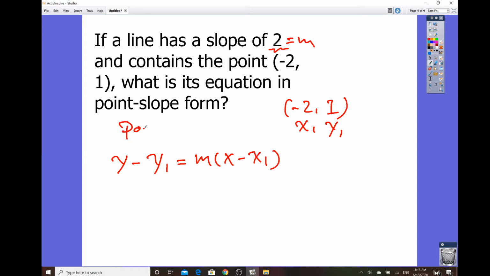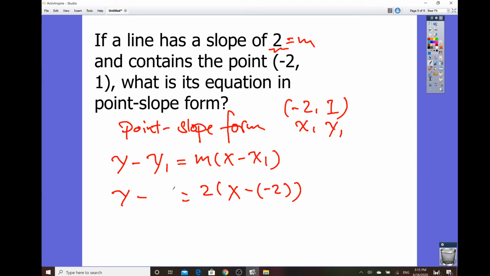Again, this one is called a point-slope. So what we have here, just plug in the numbers, so 2 times x, we don't know what that is, but we do know x1, so it's minus negative 2. And then y minus y1, that'll be minus 1.